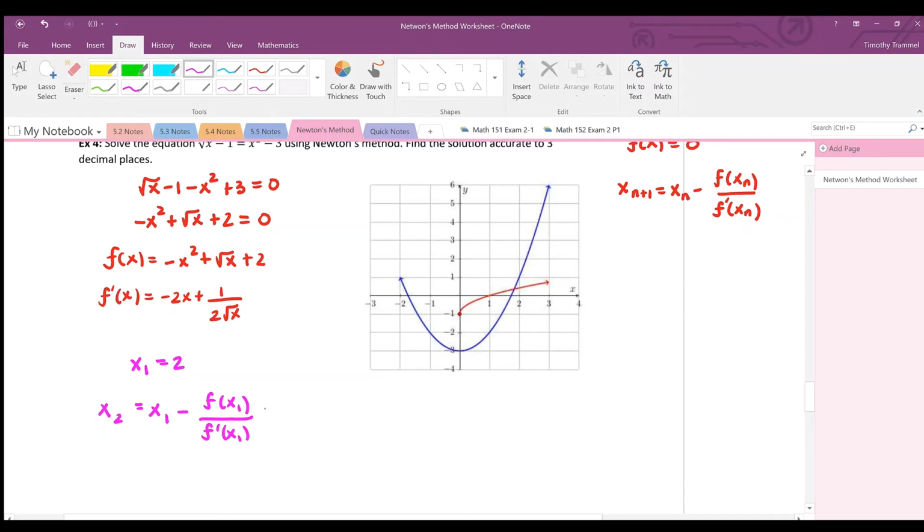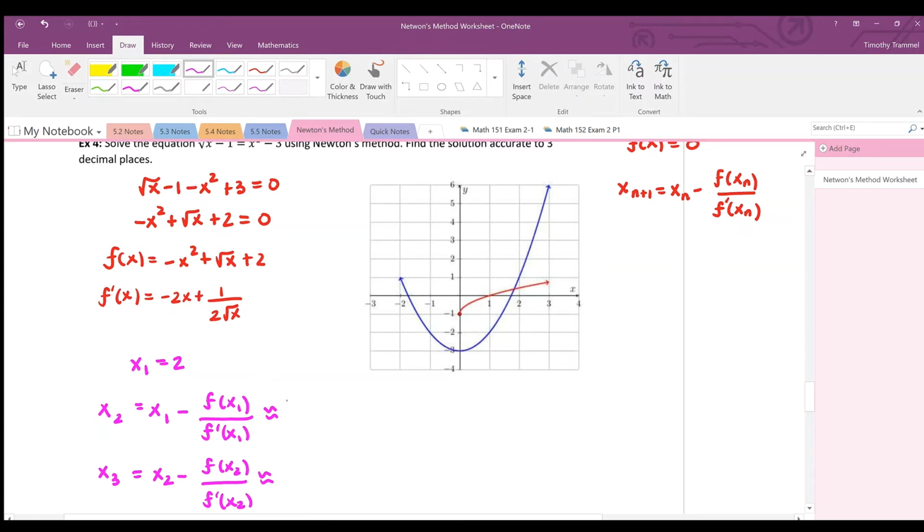And here in a minute, I'm going to show you how I would plug all this into my calculator. But we could find x3 here if we wanted to. And x3 we would find by using the same process, x2 minus f of x2 over f prime of x2. And let's just see what both of these were approximately equal to.